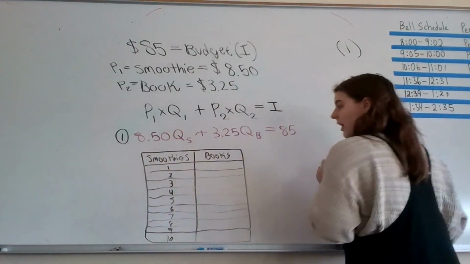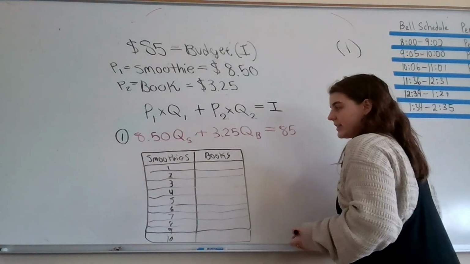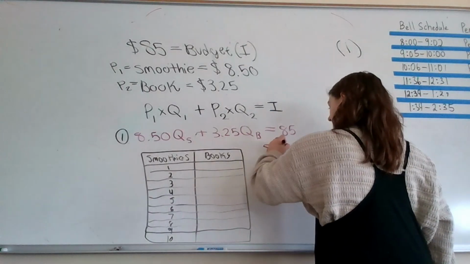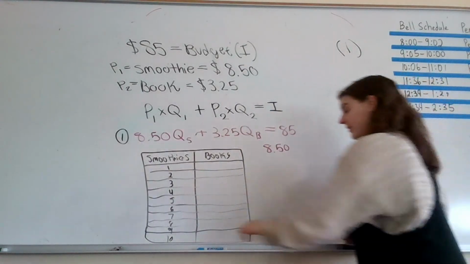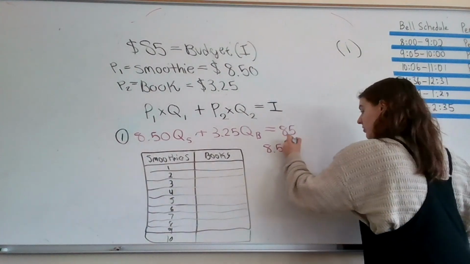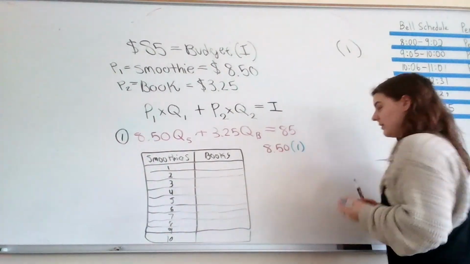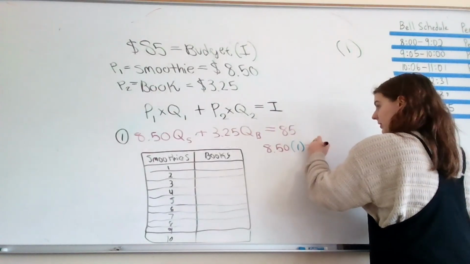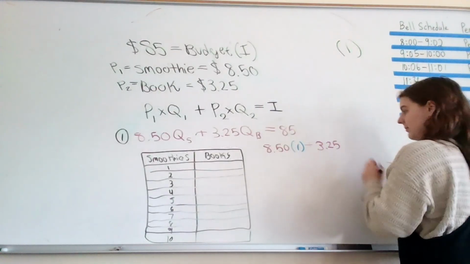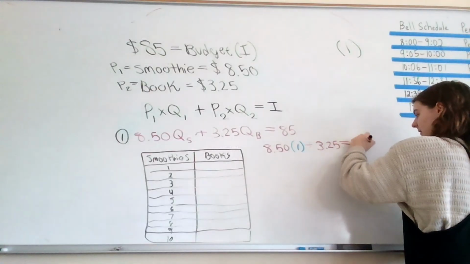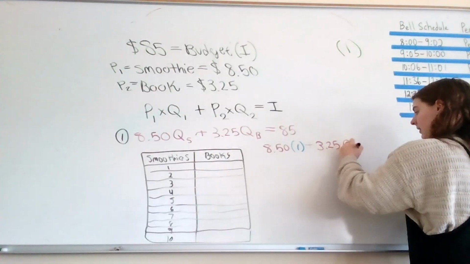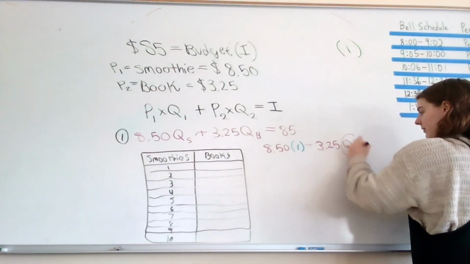I know I'm going from 1 to 10 for smoothies. The cost of a smoothie is $8.50. If I consume one smoothie, I now need to figure out how many books I can consume at the same time. In that case, what I'm trying to figure out is what this value is going to be.